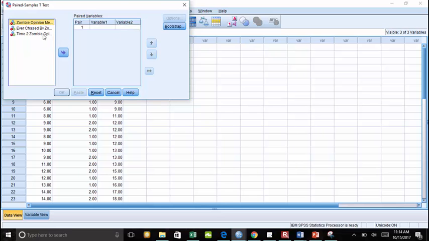And in this case, what do I think? Time 2 zombie will probably be a higher number than time 1. So I'm putting them in that way. You can put them in the other way, and in fact your book has them in the other way. And I can show you that either way doesn't matter, but this is just, I think, easier when you're trying to understand what the data mean.